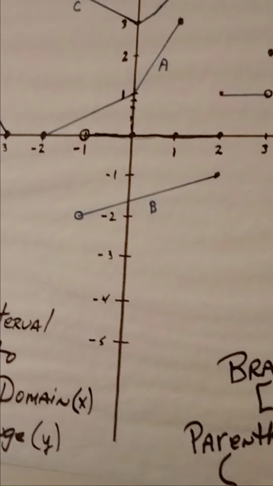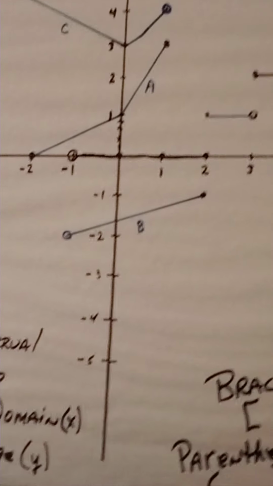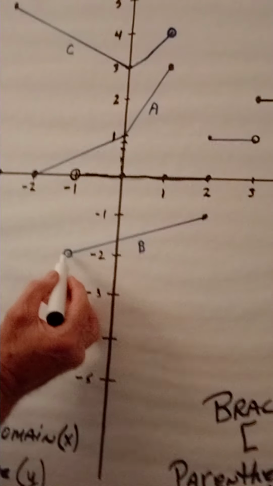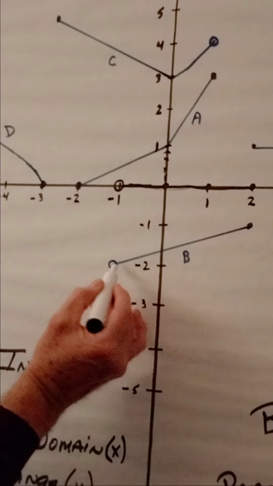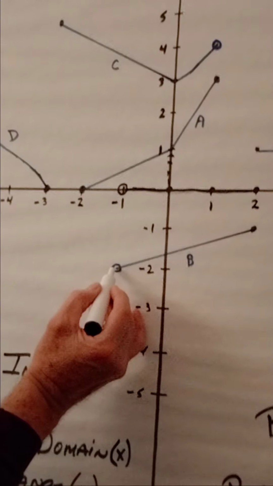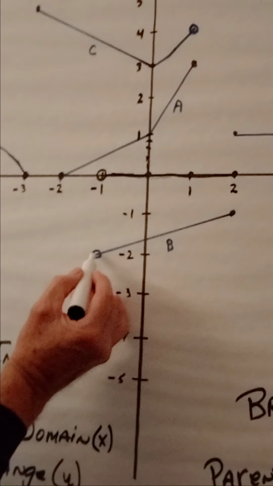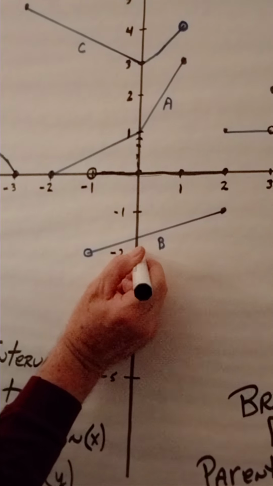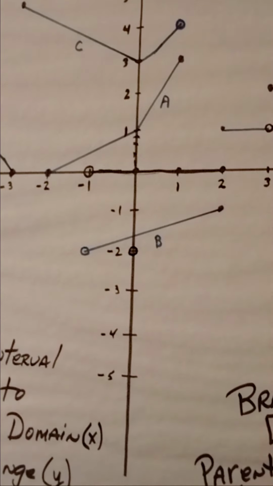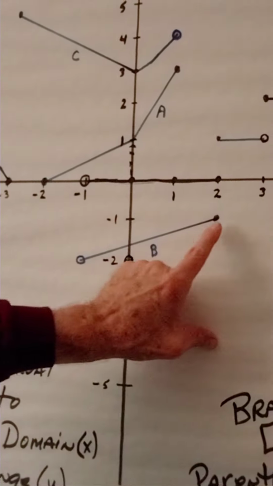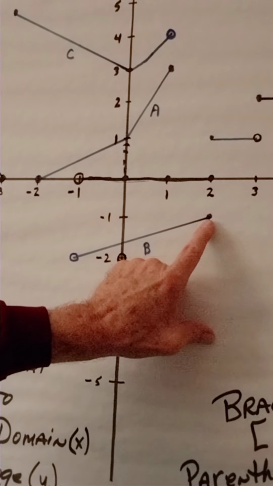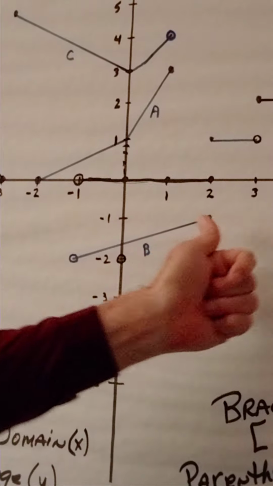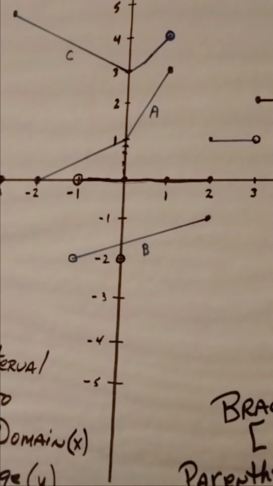Range. Y-axis. Let's start with this lowest one. Move this open circle over to the y-axis. Move this largest point, the point to the right, over to the y.